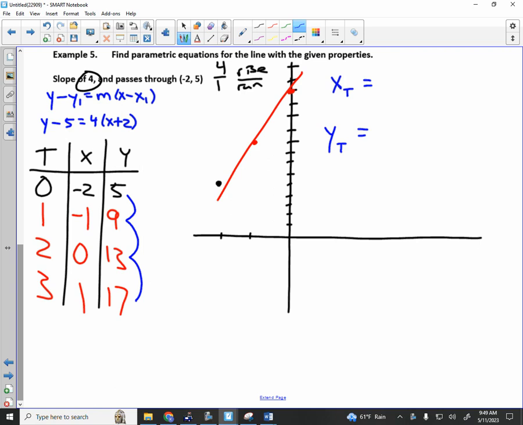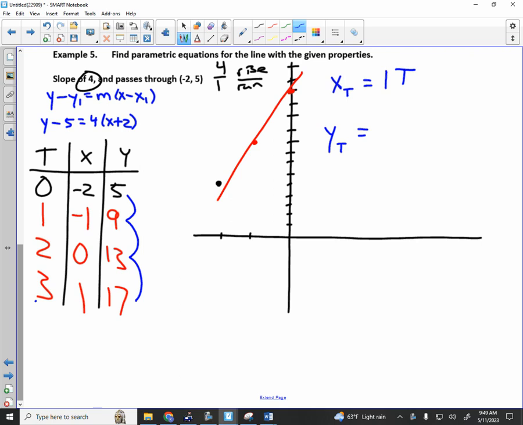Better? Okay, so now I'm going to write an equation for x. I'm going to write an equation for y. Okay? As t goes up by 1, what does x go up by? 1. So the slope for x is 1. As t goes up by 1, what does y go up by?